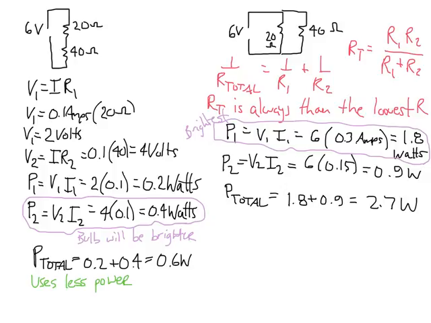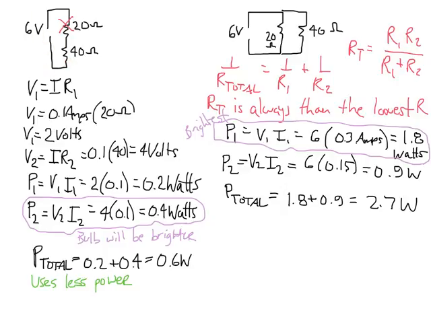So, but there's a disadvantage in the series circuit. This is the classic Christmas tree bulb problem. When one light goes out, they all go out. Because if something happens to this resistor and it's gone, well, it breaks the circuit, and the current can no longer get through, and everything turns off.